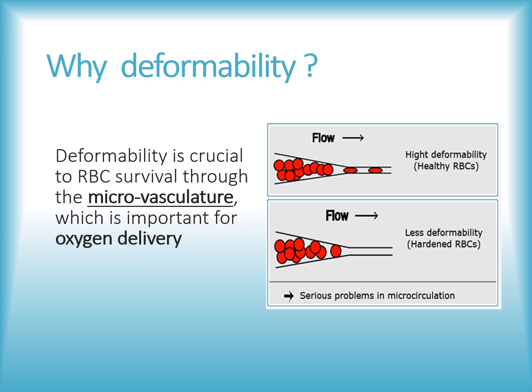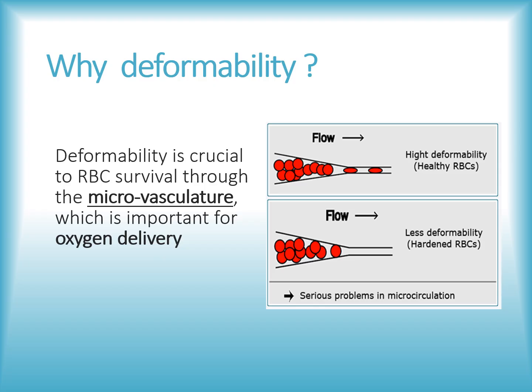So why deformability? Well, if you look into the pictures here on the right side of the slide, we can see blood flow as it goes from a larger vessel to a smaller vessel. This first picture here shows a blood flow of highly deformable healthy red blood cells and what it looked like, so they can kind of flatten down into this little tiny vessel here.